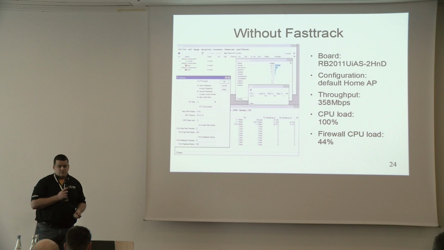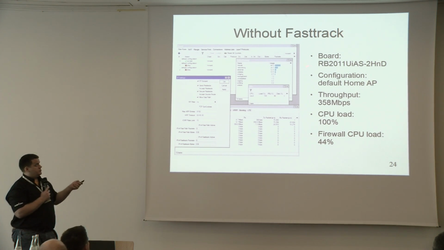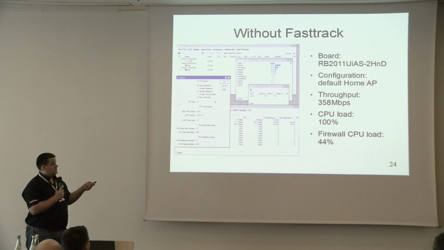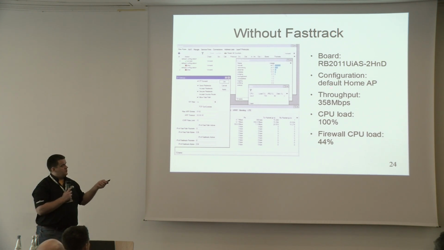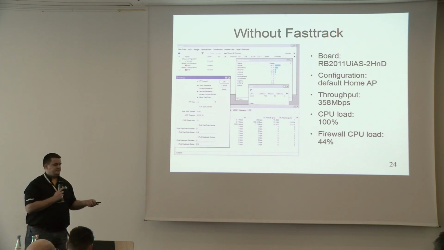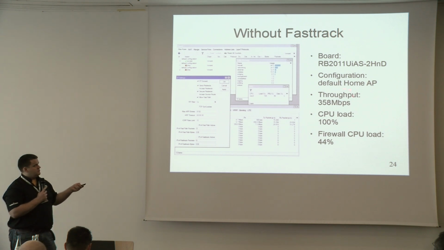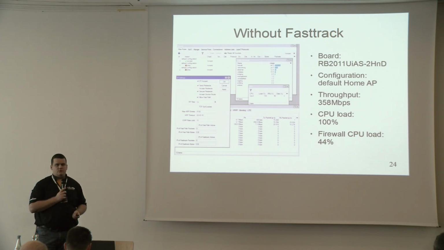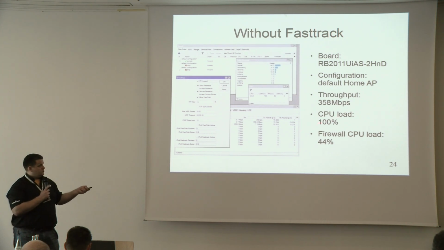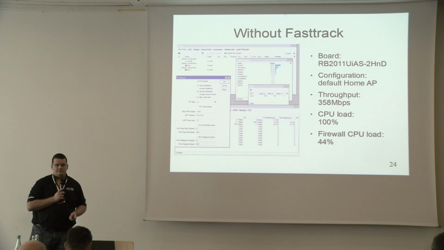So what are the practical results? Let's take a typical board 2011 with default configuration, so the default home access point configuration. Before FastPath, this configuration was limited to 358 megabits per second throughput, and your CPU was going to 100%, and 44 of these percents were in the firewall load.